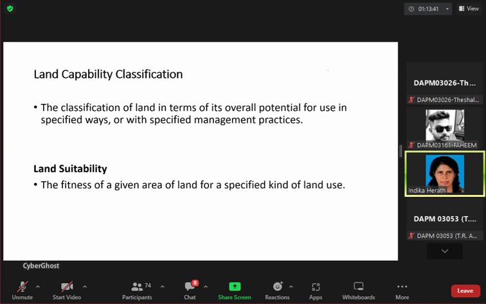So land suitability means whether the land is fit for that purpose. It can be cultivation of a crop, it can be rearing animals, farm animal production or anything like that. So we need to see whether it is suitable.